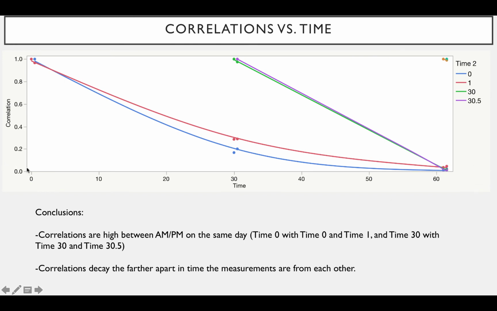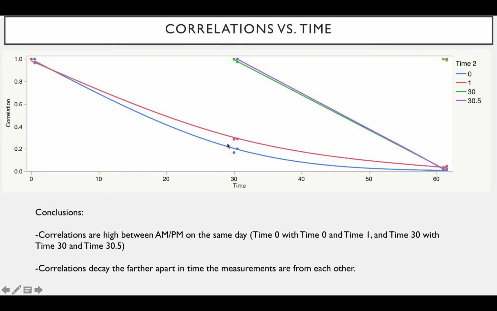For April compared to April, there are really high correlations between the morning and evening measurements. With May compared to May, there are really high correlations between the morning and evening measurements. So the morning and evening measurements are very highly correlated with each other. On the other hand, these correlations of 0.2 to 0.4 happen between May measurements and April measurements.